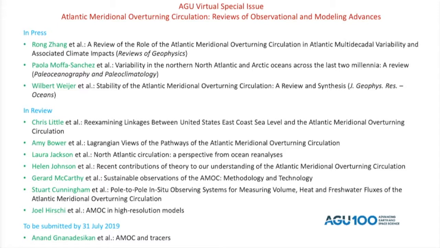I'm really happy to say that we now have 11 papers. We have an AGU virtual special issue, titled Atlantic Meridional Overturning Circulation, Reviews of Observational and Modeling Advances. 3 of the papers are already in press. In fact, just yesterday, the Rangzheng et al. paper got published. I believe we have 7 papers in review.